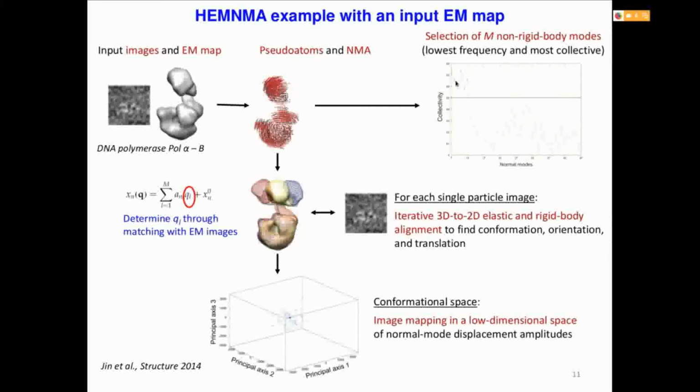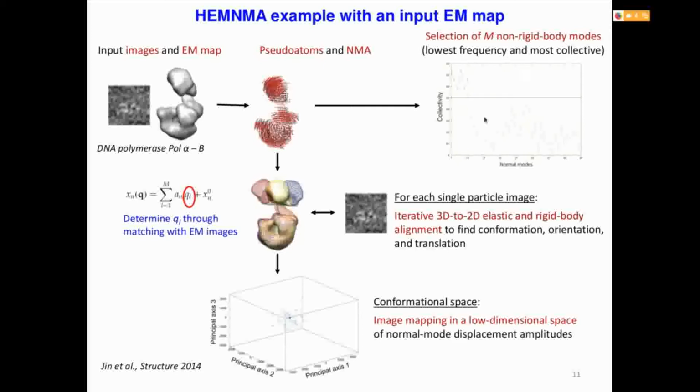So we have computed all normal modes, but we are not using all normal modes for image analysis, because if we used all modes, this would be too time consuming. So we need to select a subset of normal modes, not any normal, but non-rigid body modes, which means starting from mode 7. So we usually use a subset of lowest frequency and most collective modes.